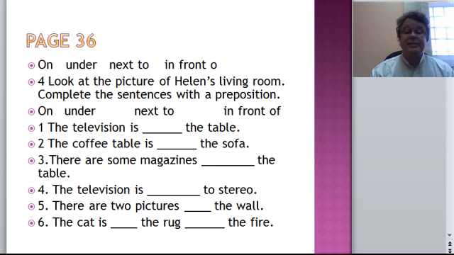The coffee table is the sofa. 3. There are some magazines the table. 4. The television is the stereo. 5. There are 2 pictures the wall. 6. The cat is the rug, the fire.